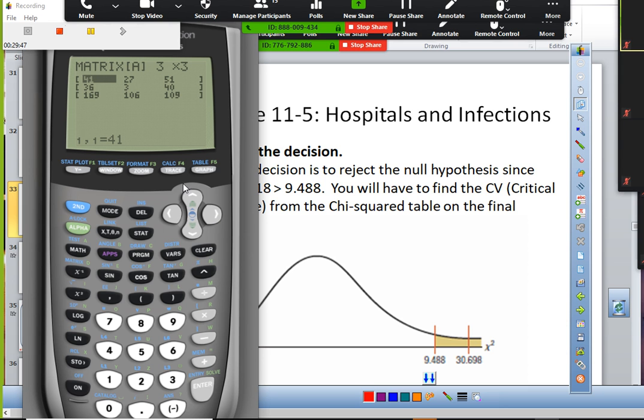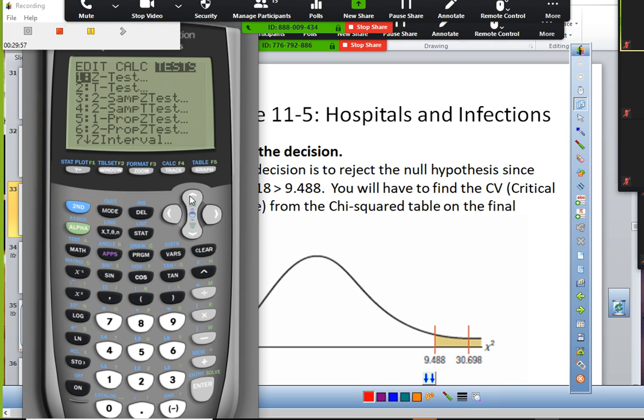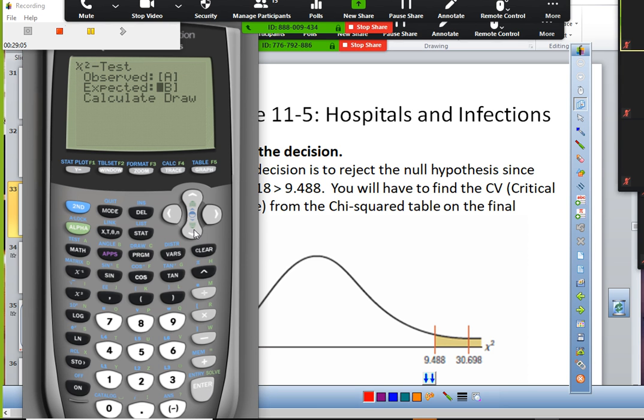You can arrow around, or just hit enter and it'll go across. Then hit stat, over to test, and up to chi-squared test, or you can go down, but it'll take you longer. Enter, observed A, expected B, and you only input into A; it'll calculate the B. Then hit calculate, and you're good.